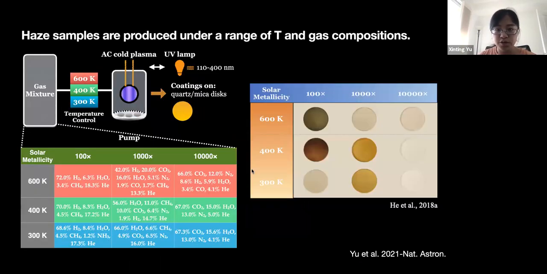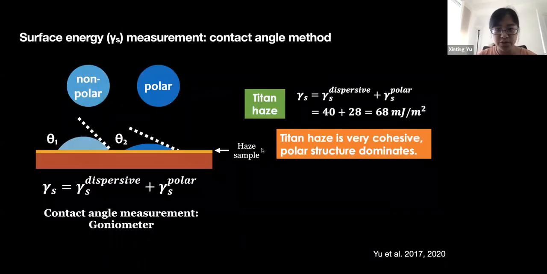So we first ran a bunch of hazy experiments at a range of temperatures and gas compositions, as I already showed. I'm showing you the colors of these, done by the amazing Chao He at Johns Hopkins University. They do show diversity already in colors, okay? And then we measure the surface energy of these thin films we produce with particles. This measurement is actually pretty simple.